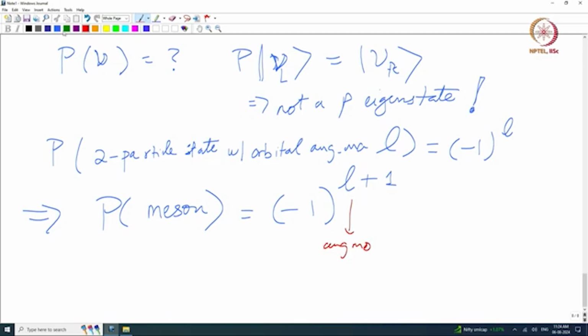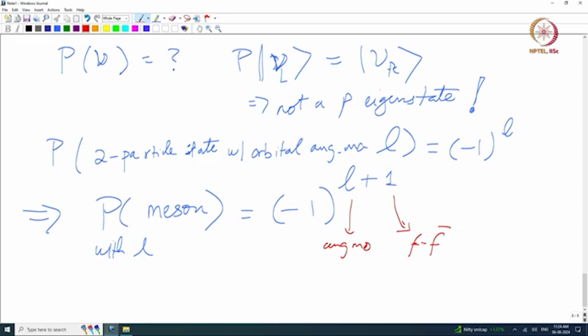I should probably have said a meson has angular momentum L. So this part comes from the angular momentum, but a meson is also a fermion antifermion pair, so that's a minus 1. So a meson bound state overall has (-1) to the power L plus 1.